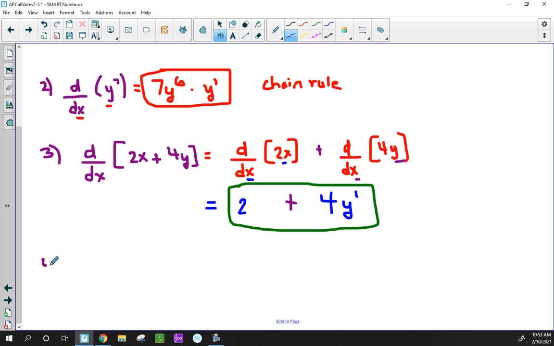Alright, let's do a different scenario. Number 4. Find the derivative with respect to x of xy squared.